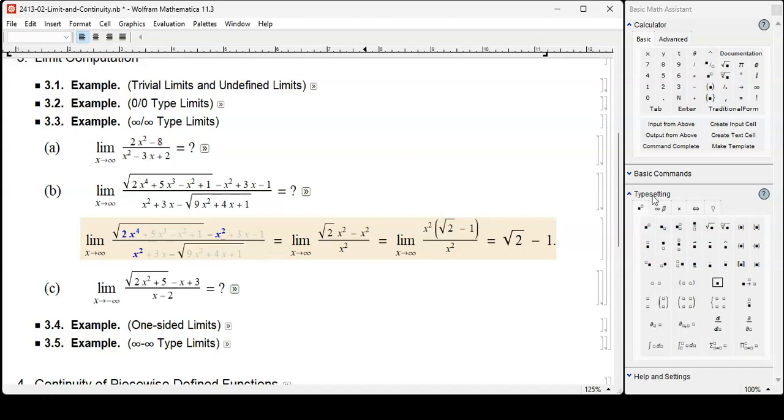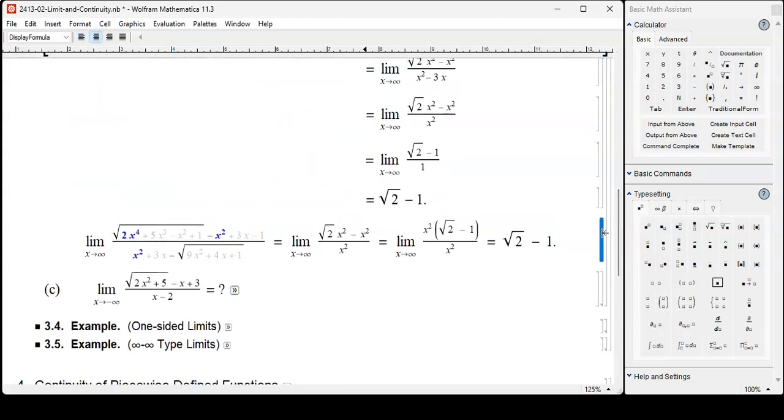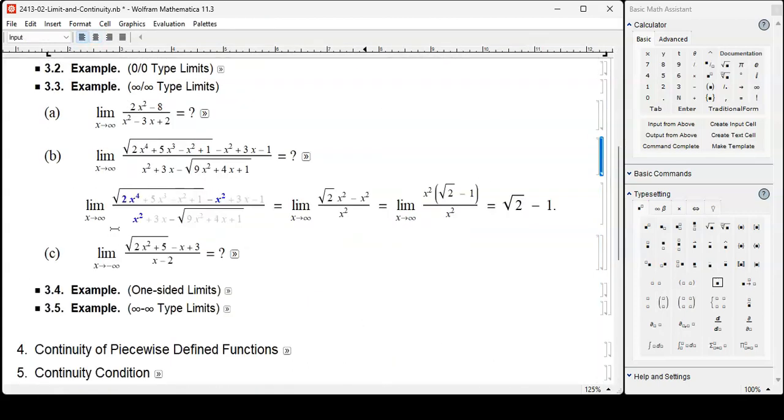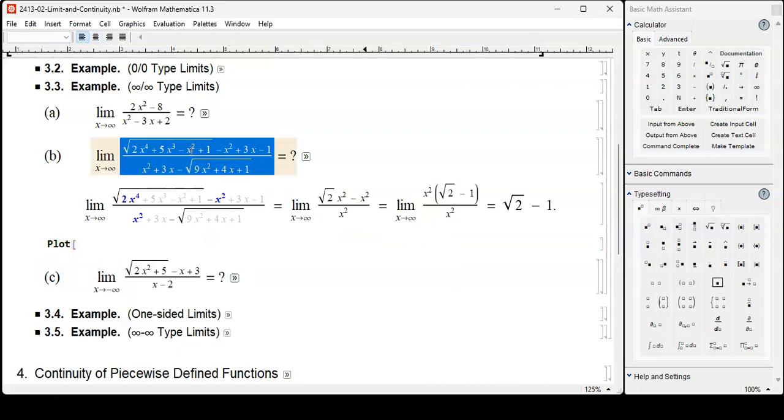Let's see, do I have a graphical solution here somewhere? Well, all right, I'll just plot it. Copy and paste this thing.